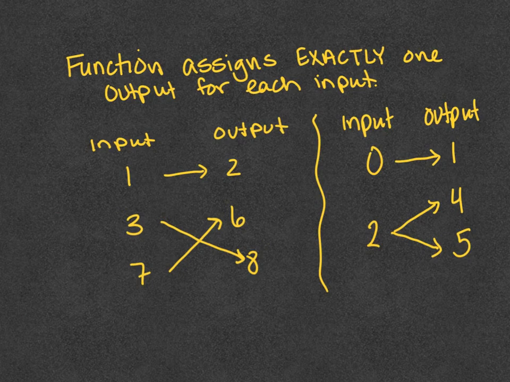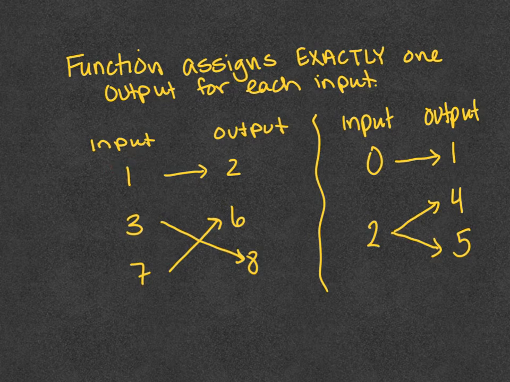Okay, so something to keep in mind about a function is that a function assigns exactly 1 output for each input. An input can't have more than 1 output, because what we're saying is, for this function to apply, we're taking an input and we're applying a rule to it, and with that rule applied to it, we're going to get an output.